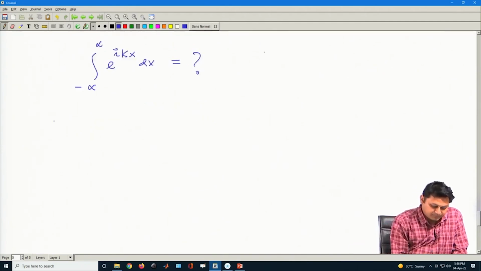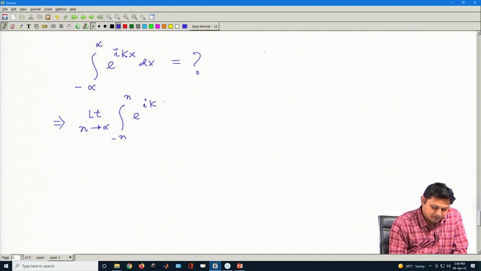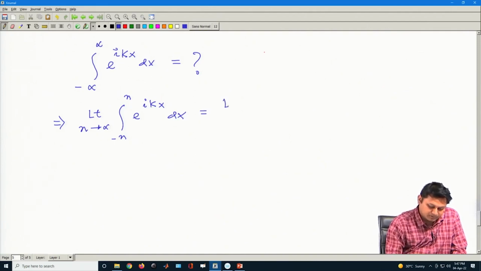This integration we will do in this way. Let us define n such that n tends to infinity, and the integration from minus n to n of e to the power of ikx dx. So, this quantity is the limit n tends to infinity of e to the power of ikx divided by ik, evaluated at minus n and plus n.